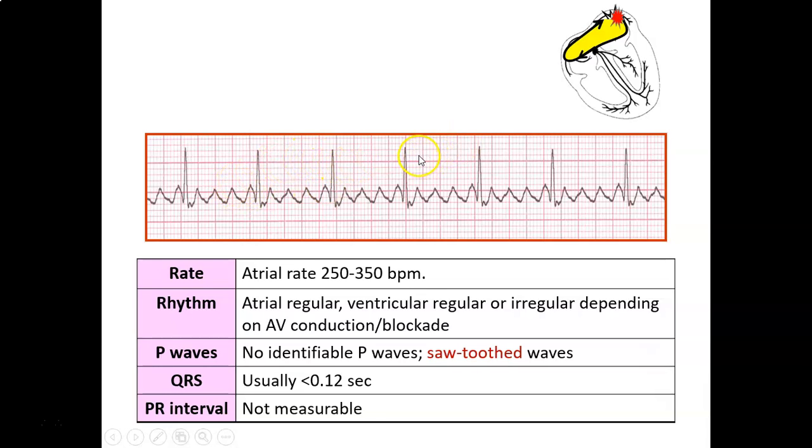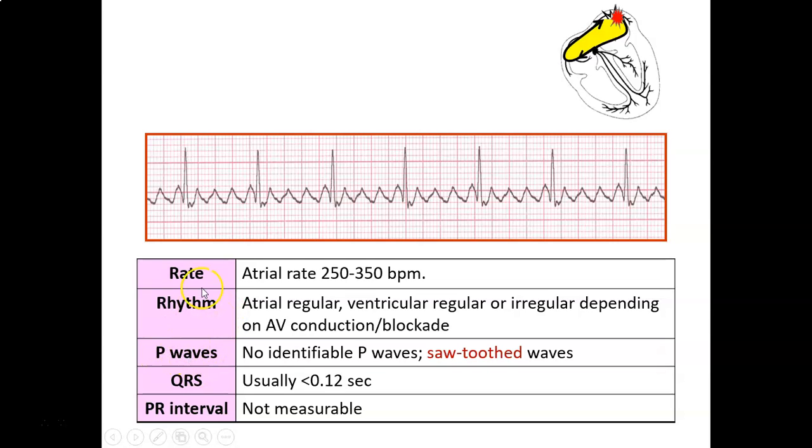Okay, let's apply the large box method. 1, 2, 3, 4, 4.25, or roughly 4. So 300 by 4 is 75, 80. So here the ventricular rate is approximately 75 or 70. Approximate. The exact heart rate you will see only on the ECG paper. Rhythm is regular.